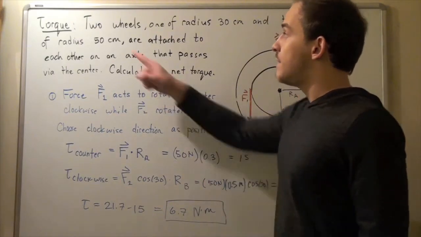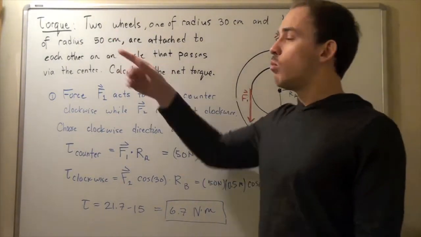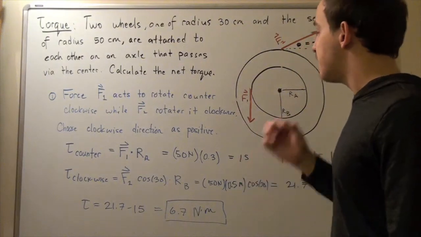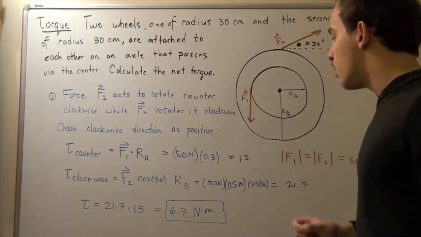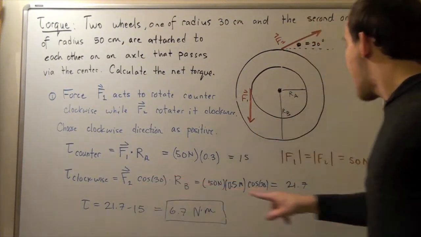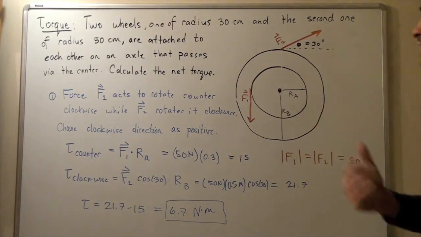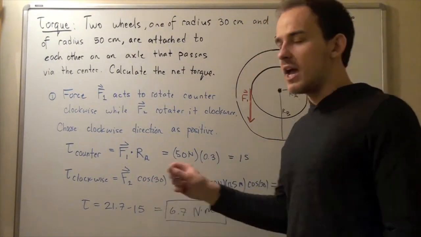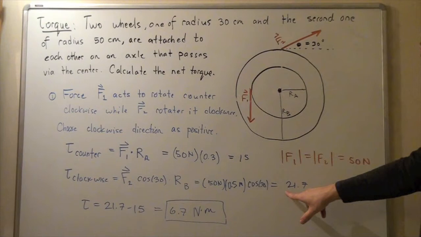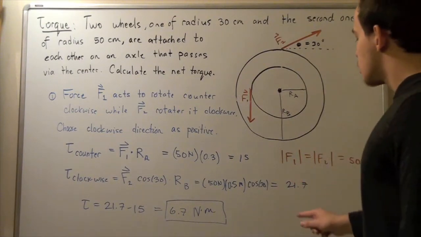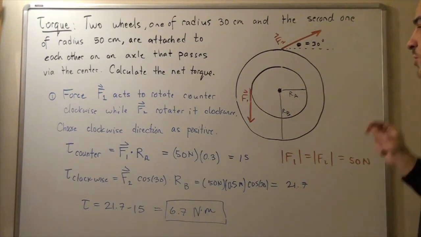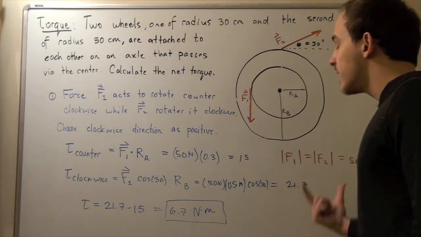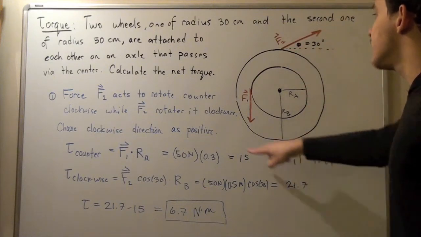The radius is 50 centimeters, divided by 100 gives us 0.5 meters. So 0.5 multiplied by 50 newtons, our magnitude of force, multiplied by cosine of the angle 30, gives us 21.7. So 21.7 newton-meters is our torque acting in the clockwise direction.